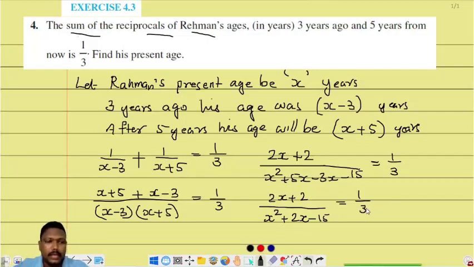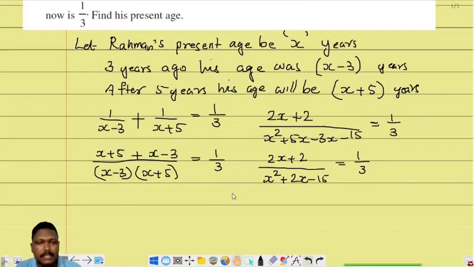Now cross multiply: 3 into 2x plus 2, 3 into 2 is 6, so you will get 6x plus 6 equal to x squared plus 2x minus 15.